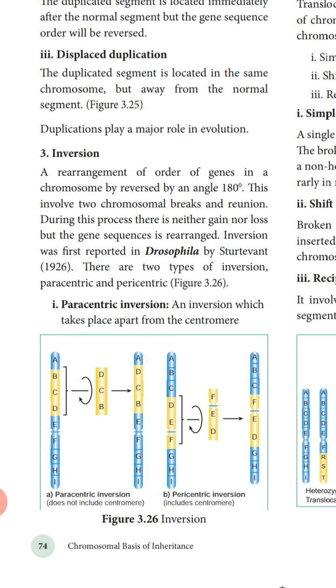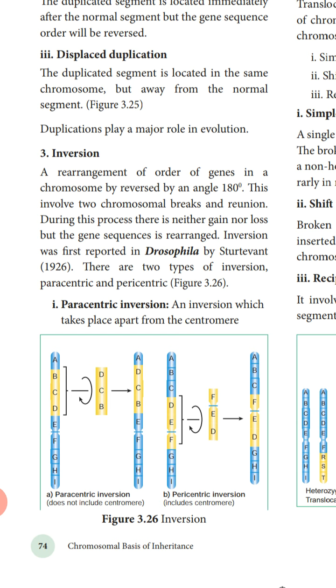It's going upside down, and after reunion with the chromosome, the sequence becomes A, D, C, B, E. Okay, so here the segment of the chromosome is reversed by an angle of 180 degrees. This is called as what? Inversion.